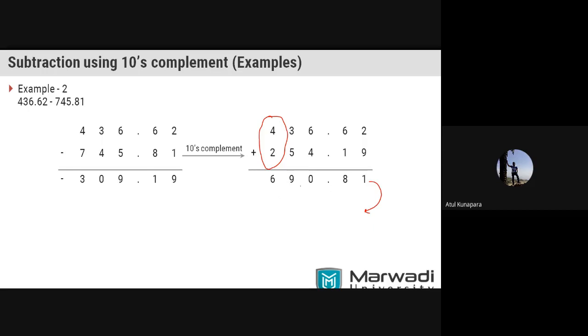So what will be the tens complement form of this 690.81? If you convert it, 9 minus 1, it is going to be 8. Then 9 minus 8, it is going to be 1. Then 9 minus 0, it is going to be 9. 9 minus 9, it is 0. 9 minus 6, it is going to be 3. This is the nines complement form. And plus 1 will give you tens complement.